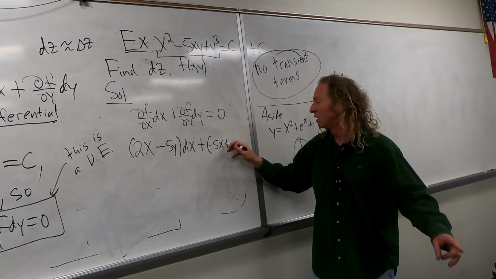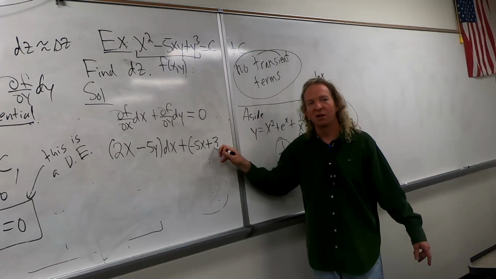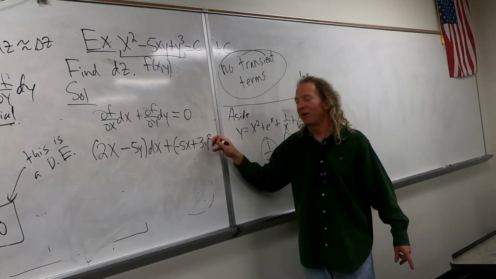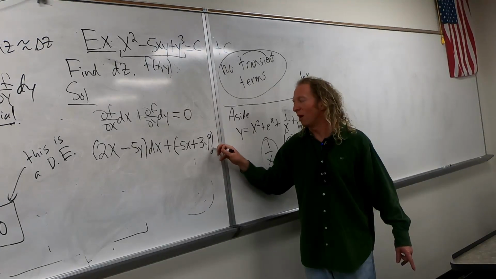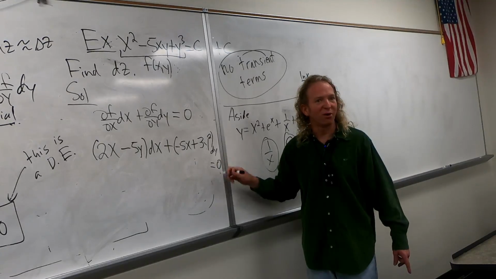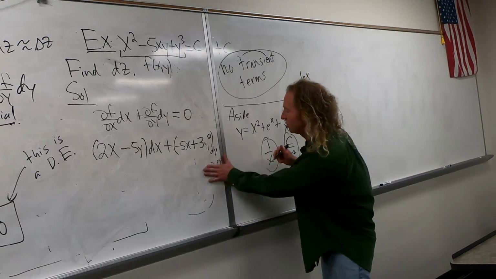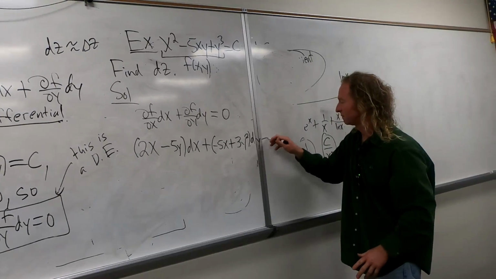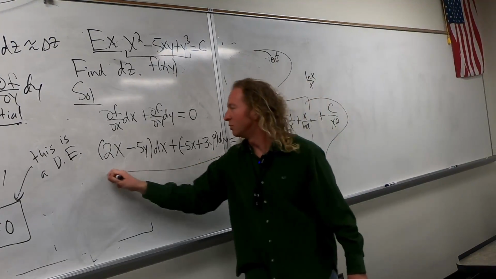Plus 3y squared dy. And the whole thing is equal to 0. Running out of room, I should just do this. There we go.